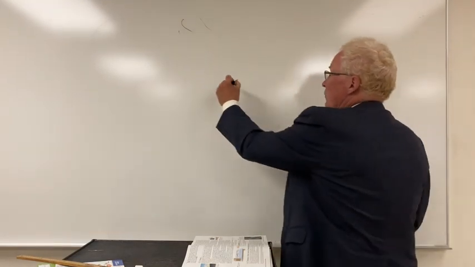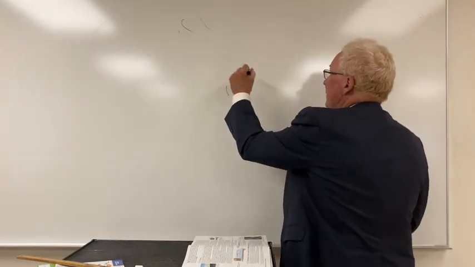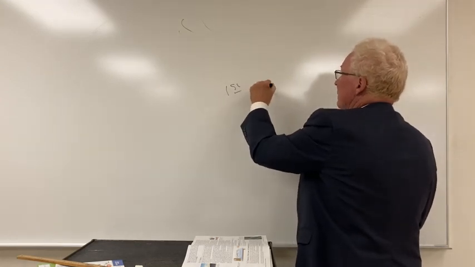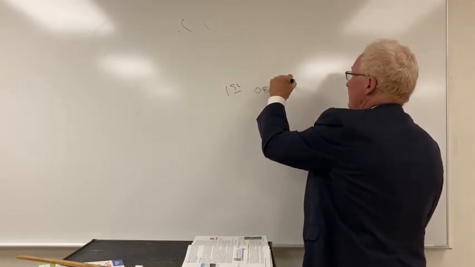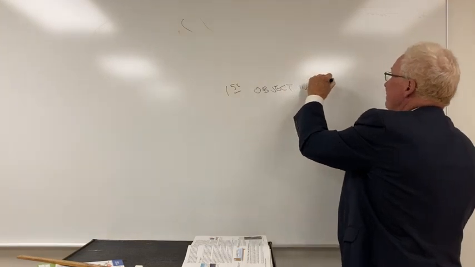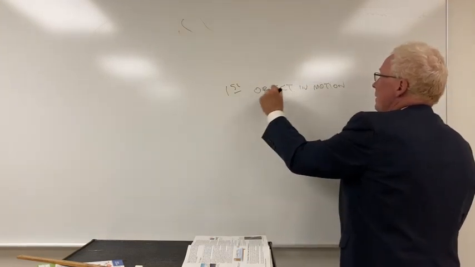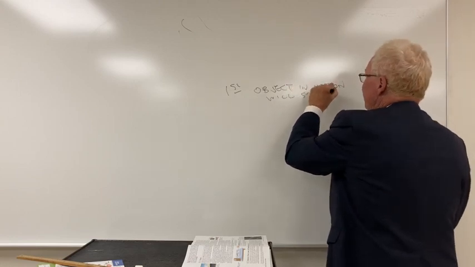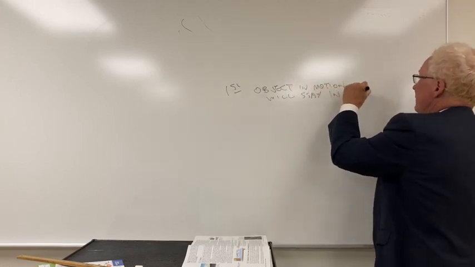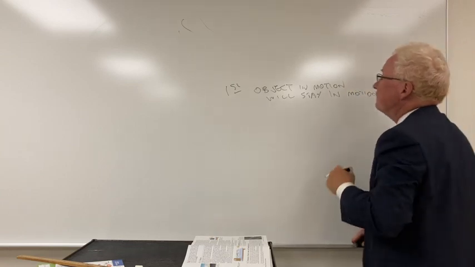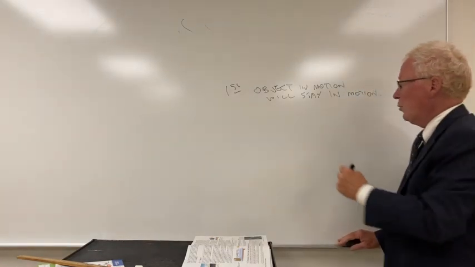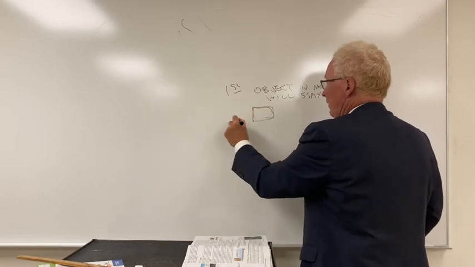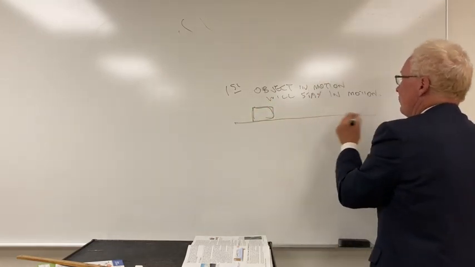So, first law. An object in motion will stay in motion. All right? Meaning if we push an object in space on a frictionless surface, all right, we'll get into friction.